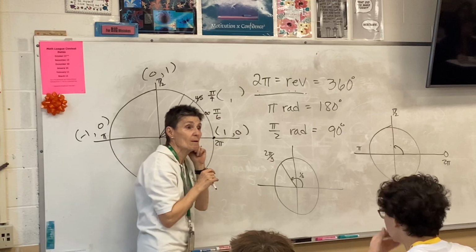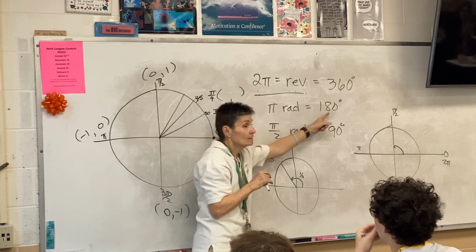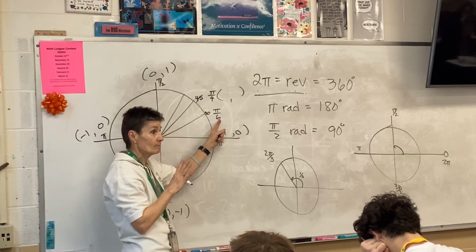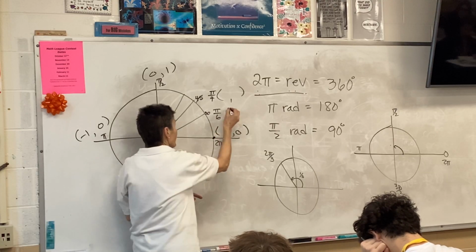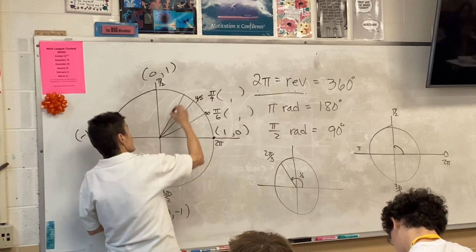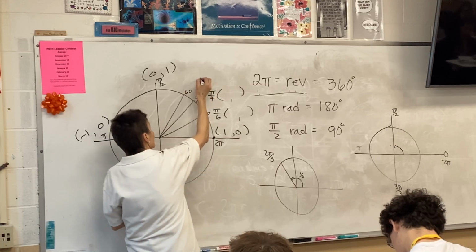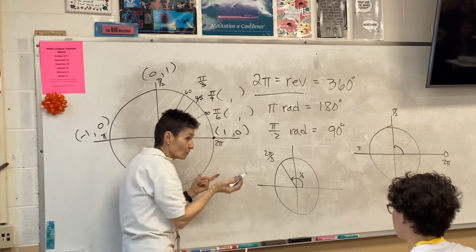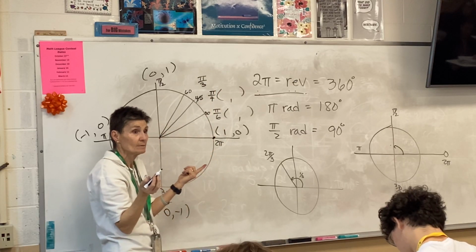Pi is equivalent to how many degrees? Pi is 180. So 30 is a sixth of that. We're going to find those points. And then what about 60 degrees? 60 degrees would be pi over 3, because it's a third of 180.